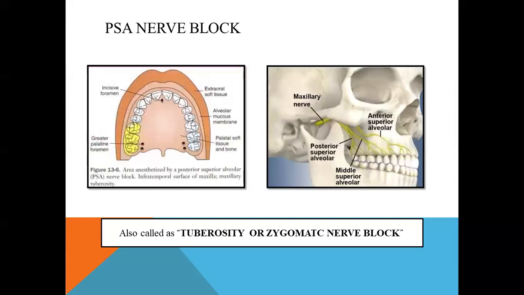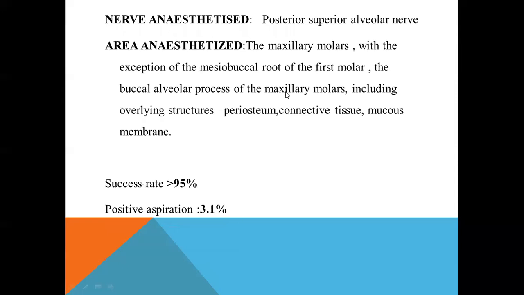First topic is PSA, which is the posterior superior alveolar nerve block. It is also called the tuberosity or zygomatic nerve block. The nerve that gets anesthetized is the posterior superior alveolar nerve. The area anesthetized is the maxillary molars, with the exception of the mesiobuccal root of the first molar.